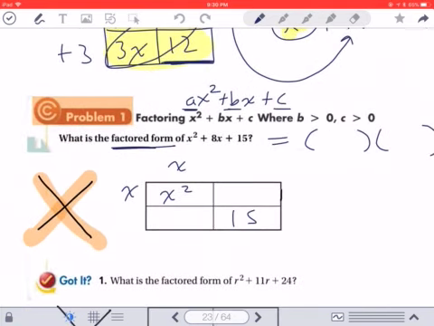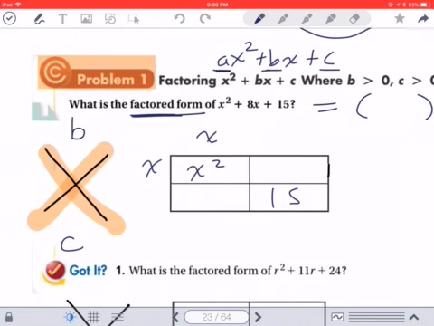So you're going to say what multiplies to c and adds up to b. Let's put c up top here. So what multiplies to c, 15, and adds to 8? So think about it. What two numbers multiply to 15 and add to 8?